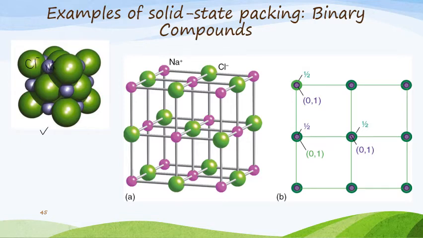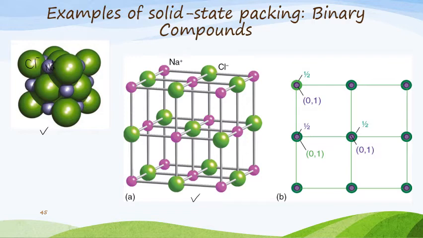And you'll see that the sodium ions pack into the spaces between the chloride ions. This diagram in the middle just shows you how we would look at sodium chloride to see the alternating arrangement of the sodium ions and the chloride ions.